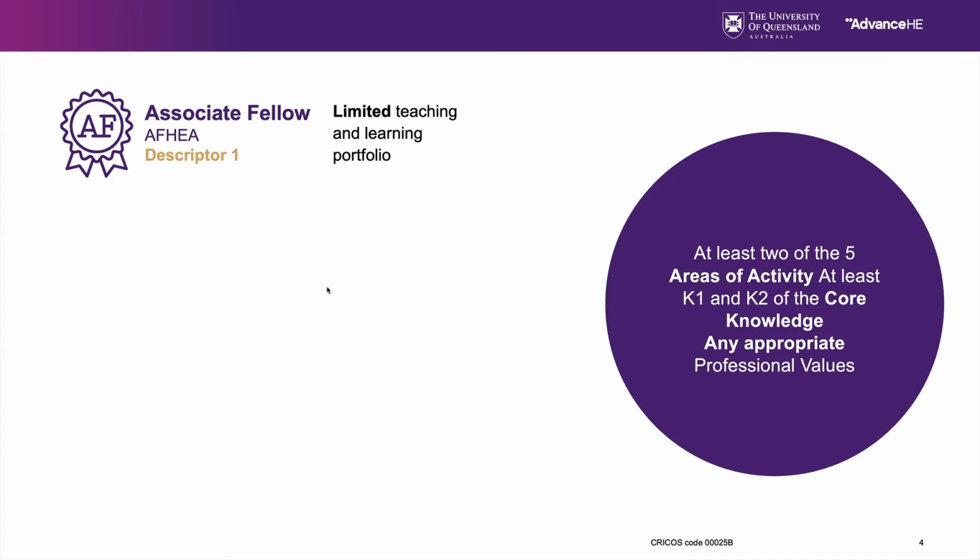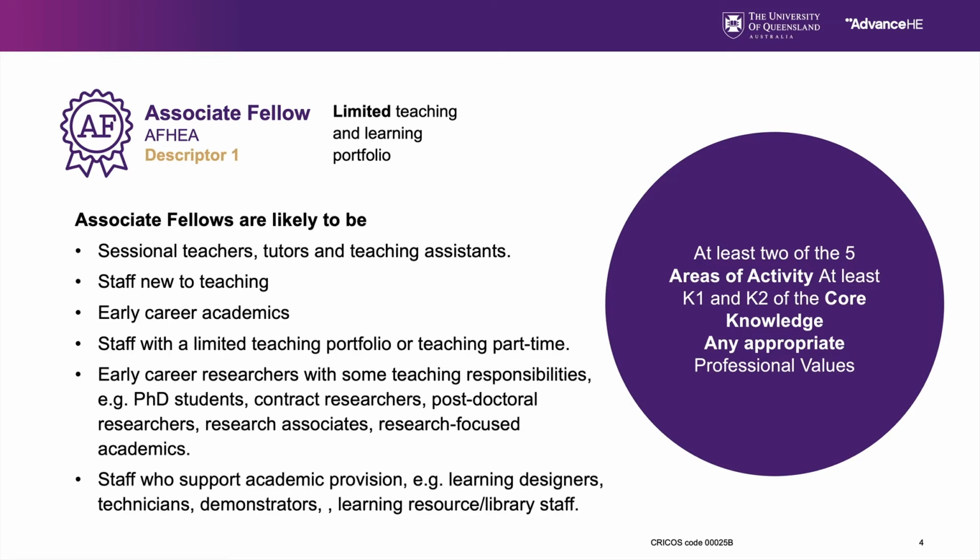Associate Fellow only needs to describe 2 of the 5 areas of activity. You also need to have at least K1 or K2 of the core knowledge. That means that you might describe yourself as having a master's degree in a discipline that allows you to tutor in this discipline. Or perhaps you're studying towards a PhD in the area in which you're teaching.